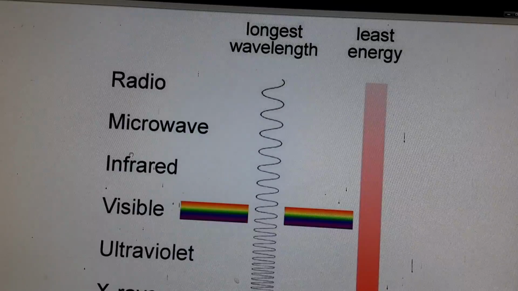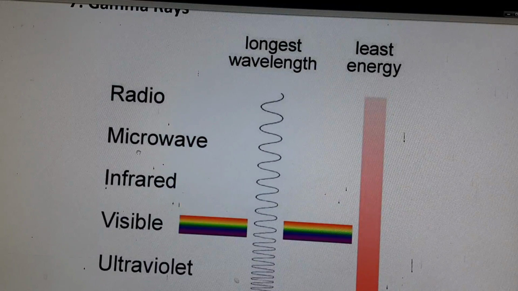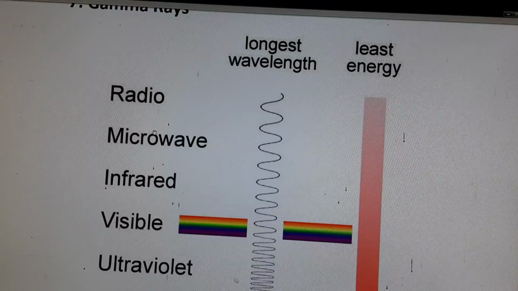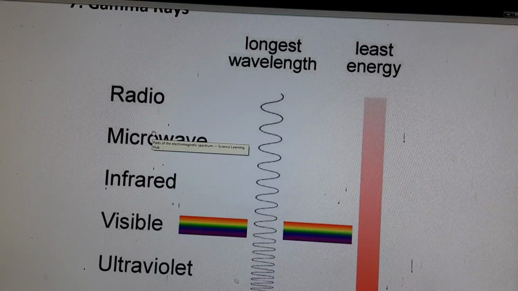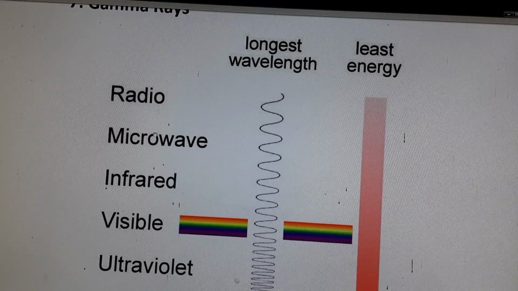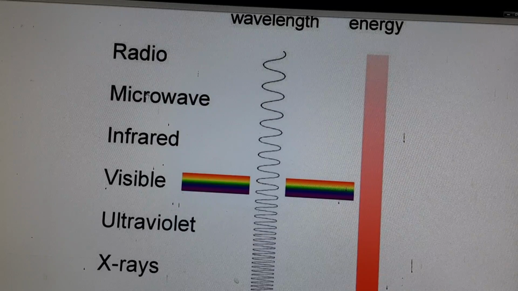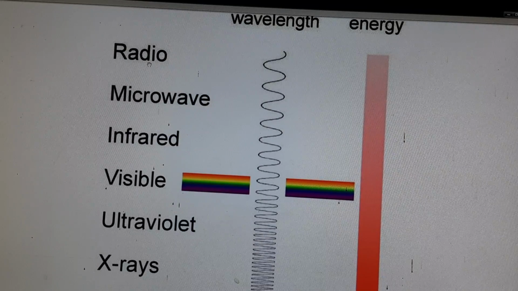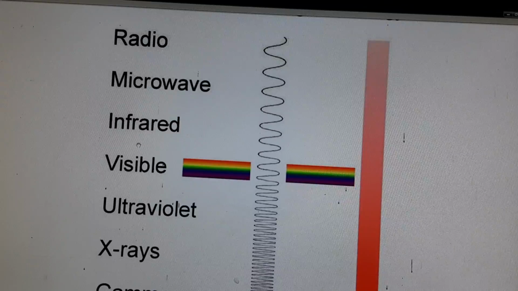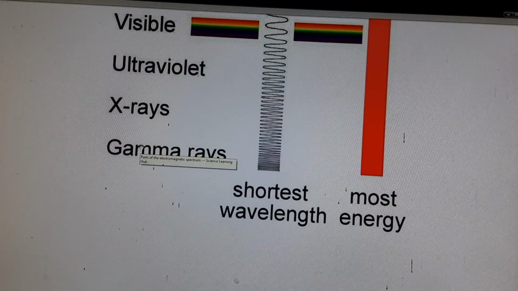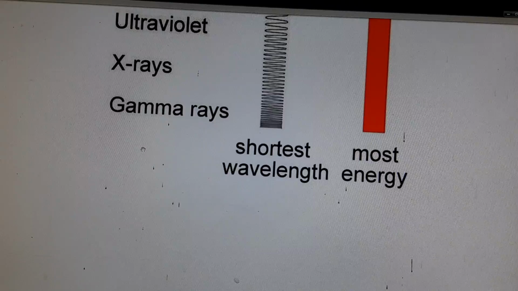So we can observe this diagram. We can say longest wavelength means least energy, so wavelength is inversely proportional to energy. In the figure we can observe the energy order: radio waves, microwaves, infrared, visible, ultraviolet, X-rays and gamma rays.